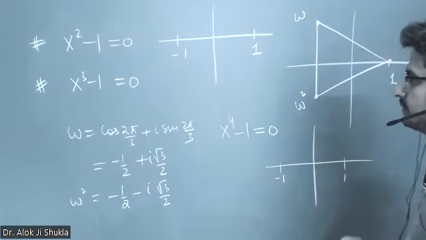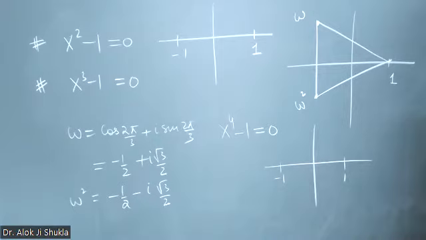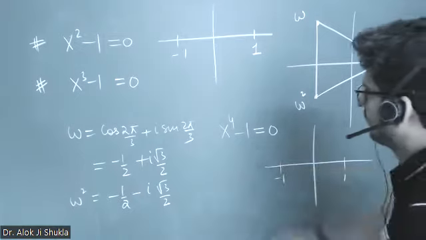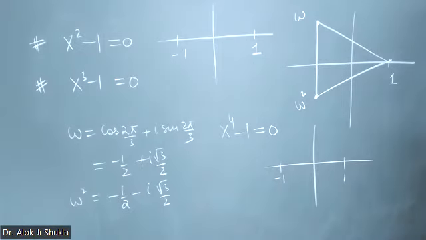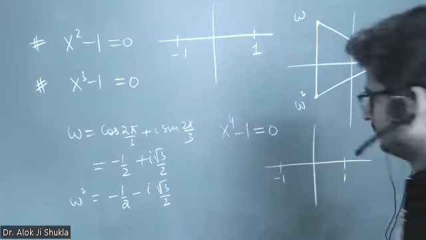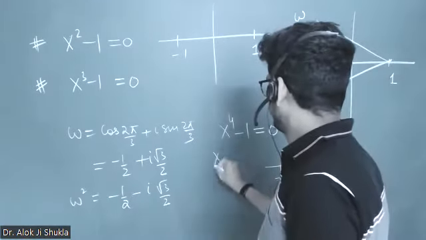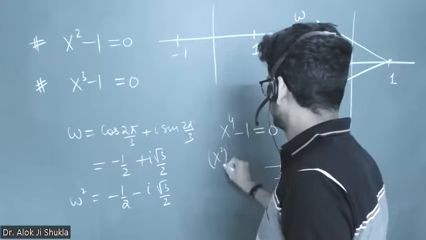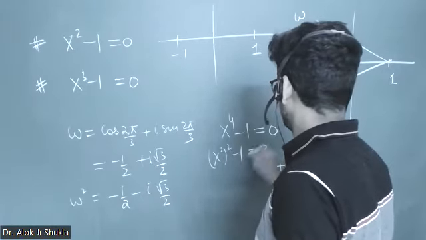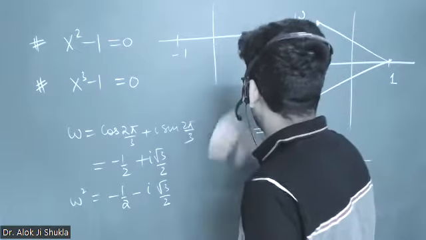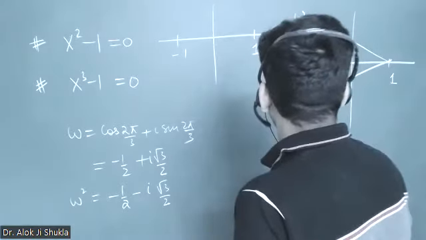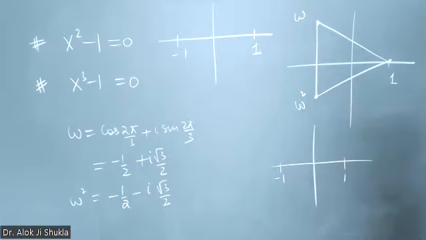How much will this come to? x to the power 4 minus 1, x to the power square. So let me do it using our normal method. These two are clear?